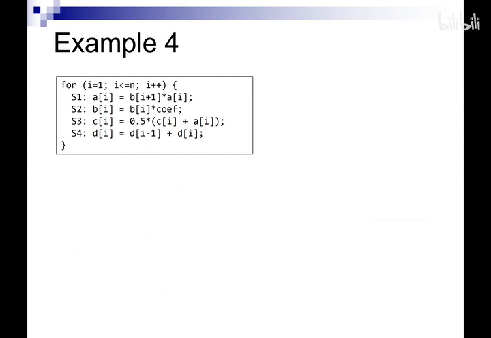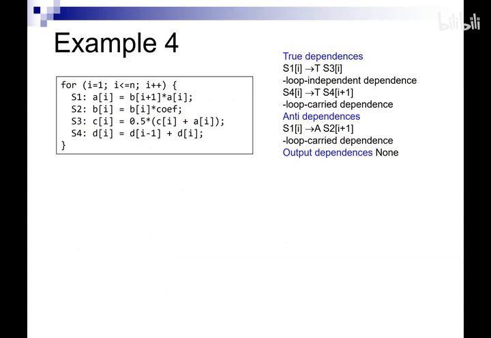So suppose we have something like this. Again, the process is that we're going to look for the dependencies. Here you have some true dependencies. You have S1 to S3, a true dependence, but it's a loop independent dependence, because here you write to A[i], but then in the same iteration you read A[i].